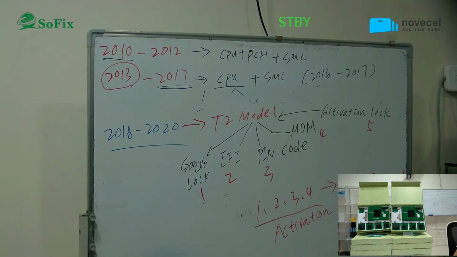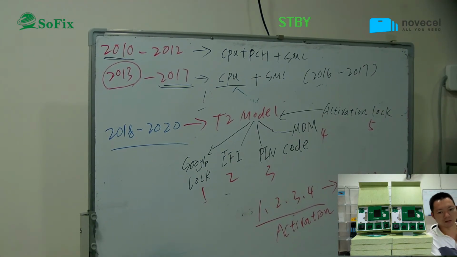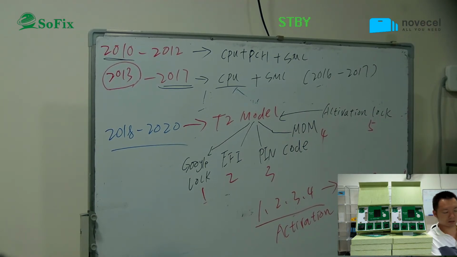But from 2013 they have the ME, one side in the PCH, the other side in the BIOS. So if you want to remove the activation lock, or remove the EFI and the pin lock, you must change the ME.